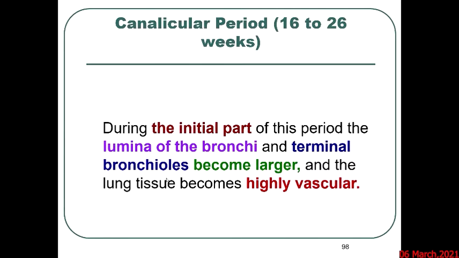So the canalicular period, which is from 16 to 26 weeks, is a range of 10 weeks. In the initial part of this canalicular period, what happens? The terminal bronchioles, which have been formed in the pseudoglandular period, become larger. And the lung tissue, which comes from splanchnic mesoderm or mesenchyme, becomes highly vascular.